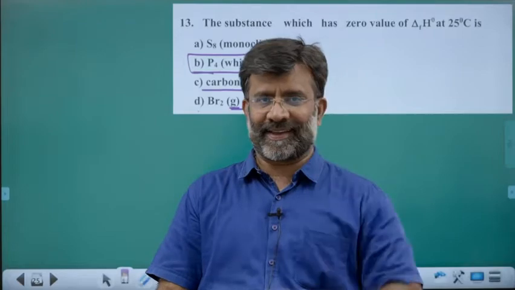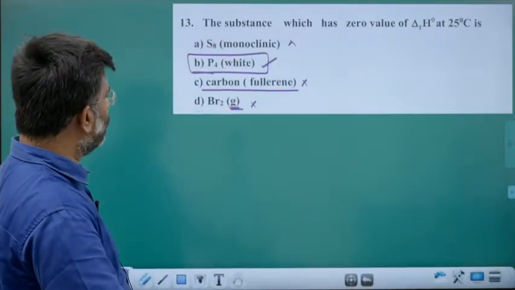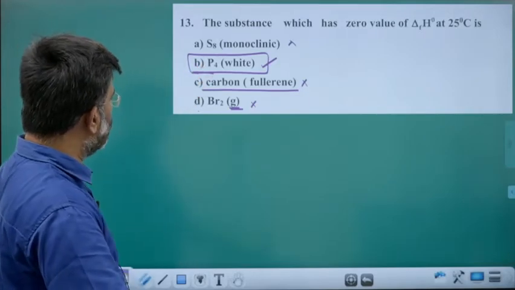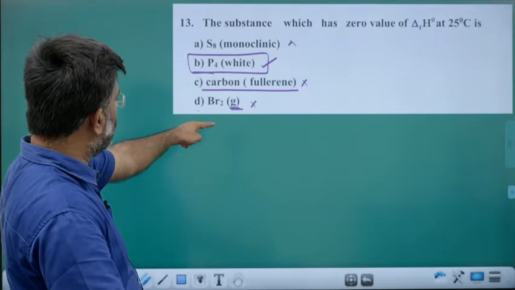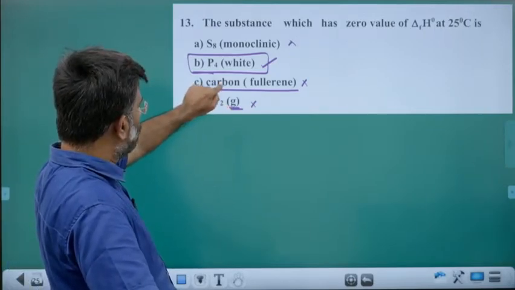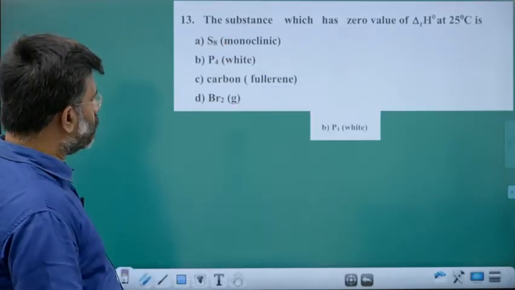White phosphorus is reactive, but the thermodynamically stable elementary form of phosphorus taken is white phosphorus. Others are not in their standard state: bromine should be liquid, carbon's standard state is graphite, and this is rhombic sulfur. The answer is option B.